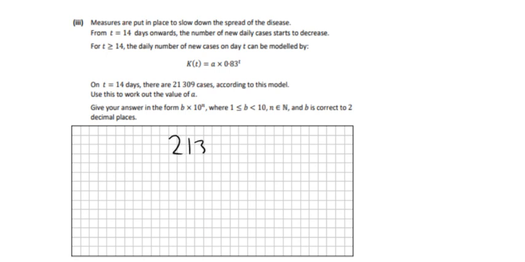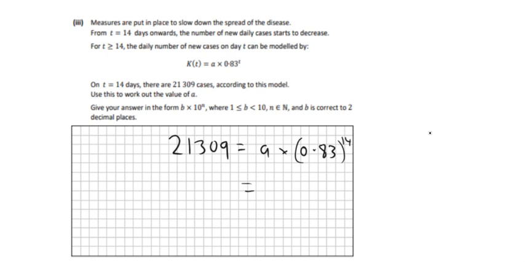So 21309 is the answer to a multiplied by 0.83 to the power of t, which is 14, so 14 days. So all we have to do here is bring over 0.83 to the power of 14.